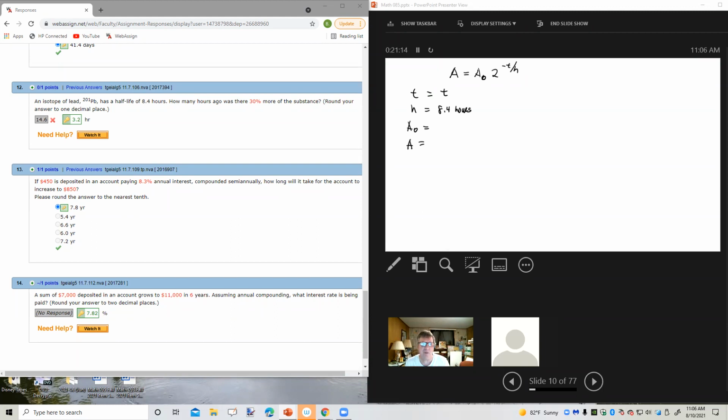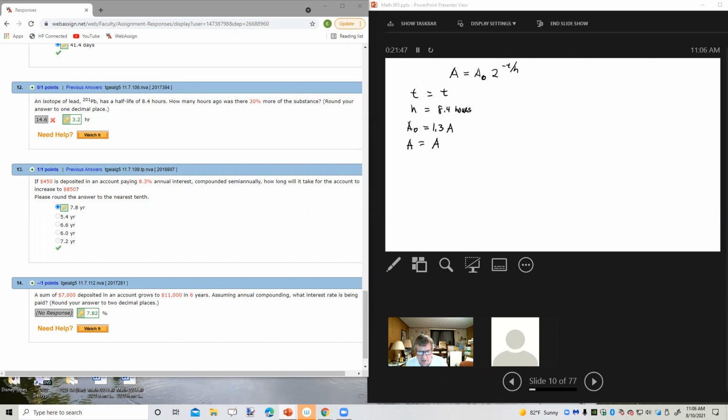So we're going backwards in time, okay? So at the end of the problem, we have that much. But let's see, a certain number of hours ago, there was 30% more. So A sub 0 is 130% of A, which is the ending amount. So this is backwards from what we did before.